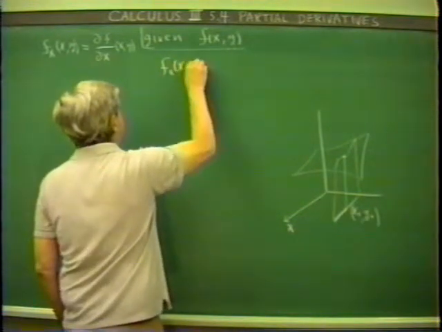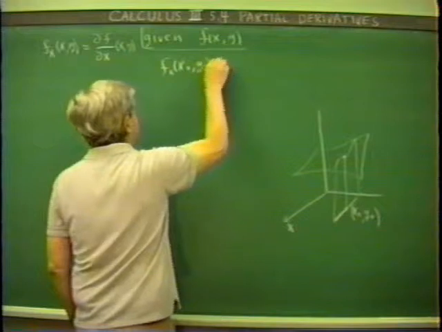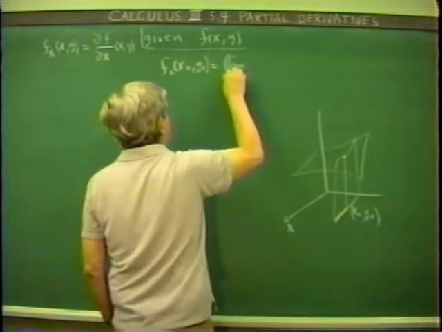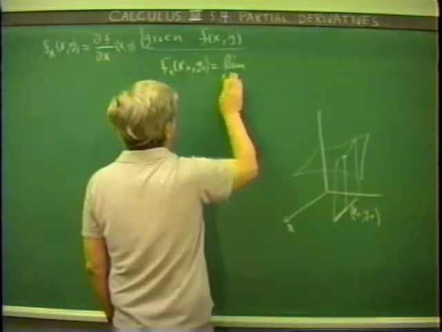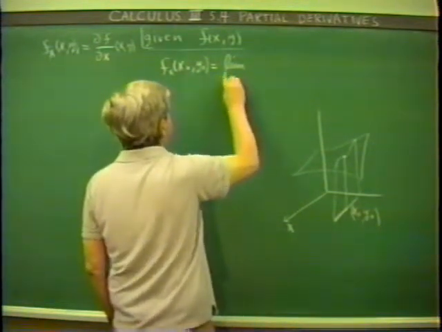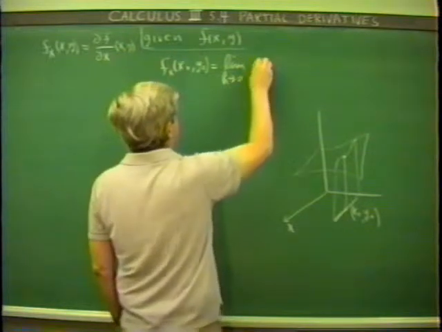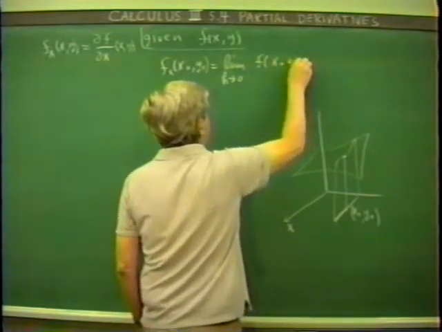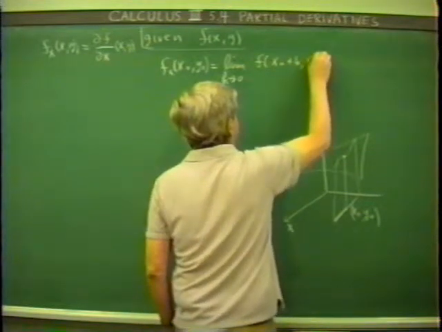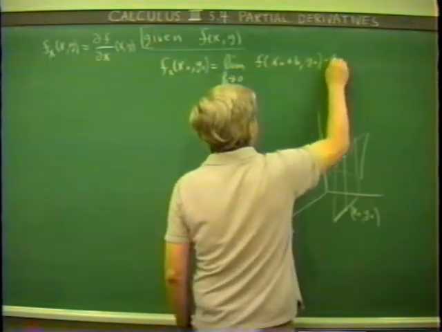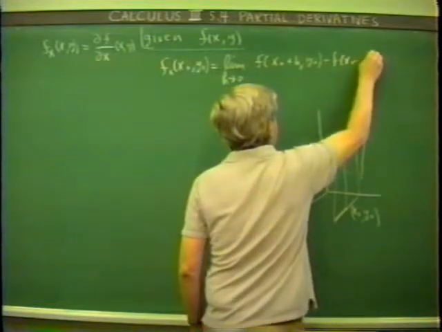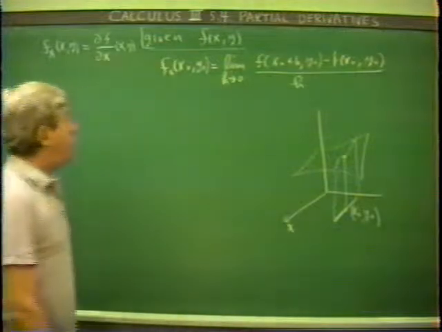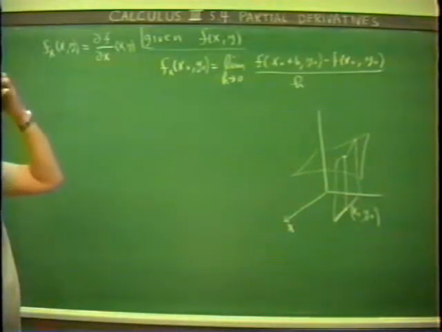The partial with respect to x at some point x naught, y naught is going to be equal to the limit as h approaches 0 of f of x naught plus h and y naught minus f of x naught and y naught, divided by h.